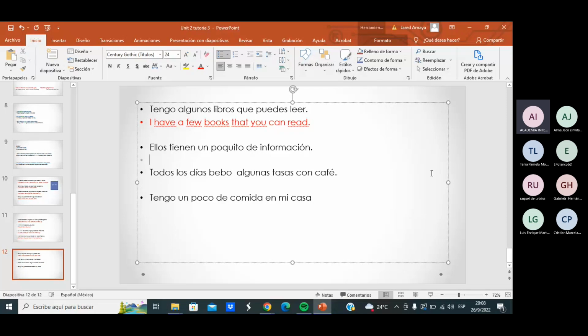Okay, number 2. What do you think about that one? That can be a little bit tricky because it's confusing. It is correct if I use a few or a little in that one. What do you think? You can try. Don't be afraid to make a mistake. Just try.